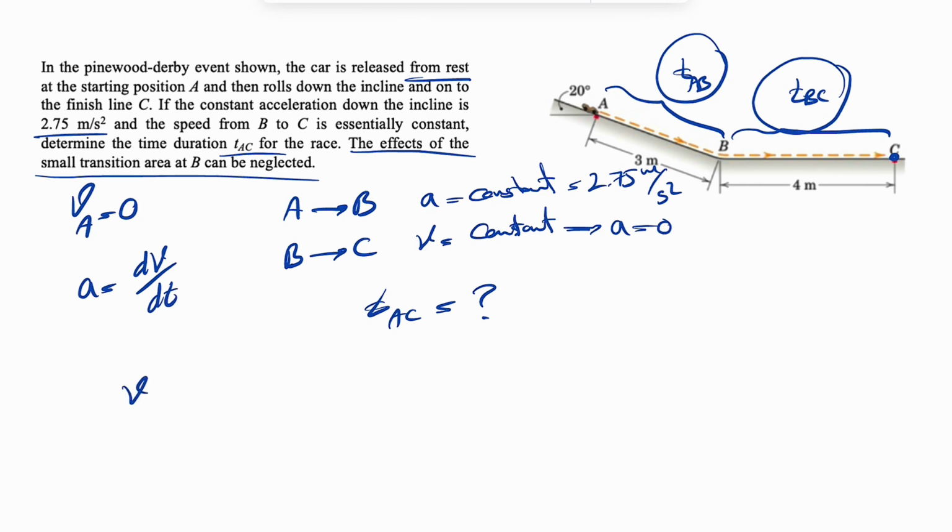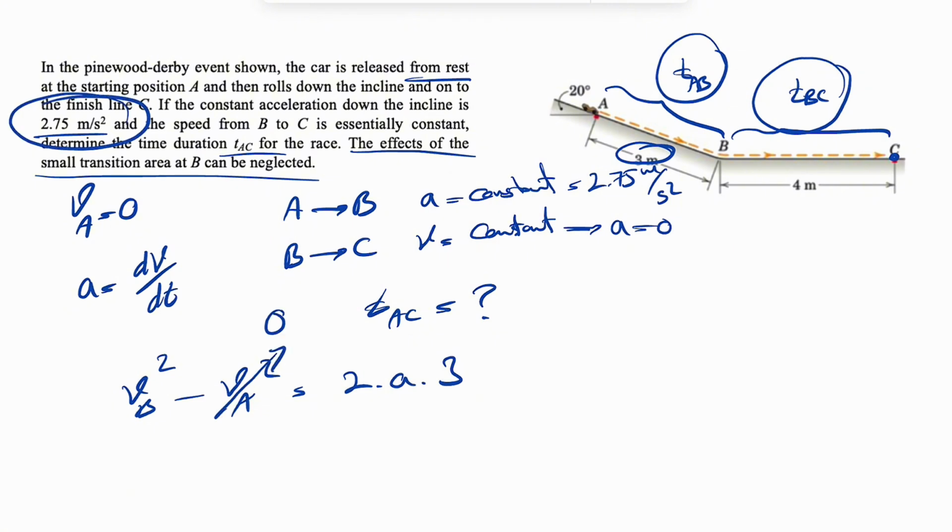We can use our formula. The velocity squared at point B minus VA squared is 2 times a times the distance that this car is traveling. From A to B, we have these 3 meters that we can see. So 3, and instead of acceleration, we can simply put the value that we have, 2.75. VA is equal to 0.